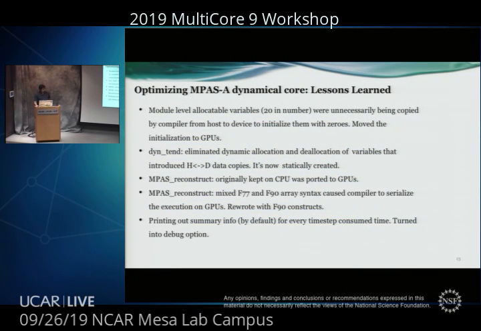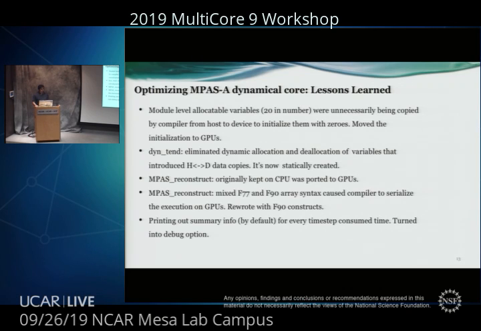So after optimizing this Halo Exchange, we further looked into the dynamical core to see what all we missed in the first go. We had some module level variables which were dynamically allocated and then unnecessarily copied in every time step.